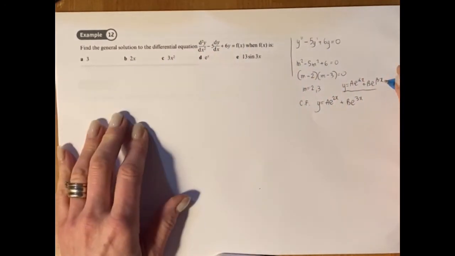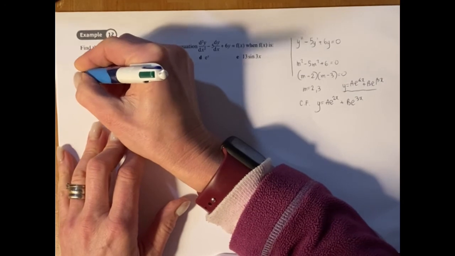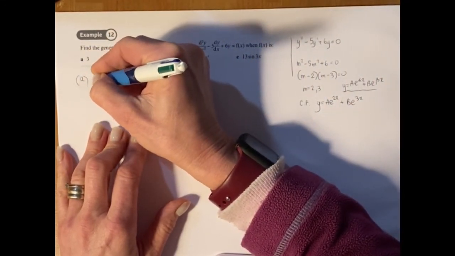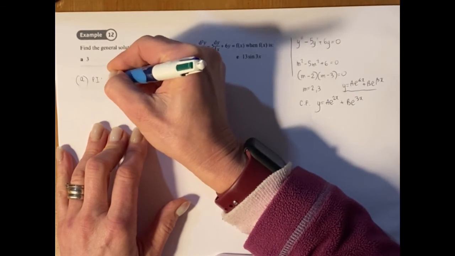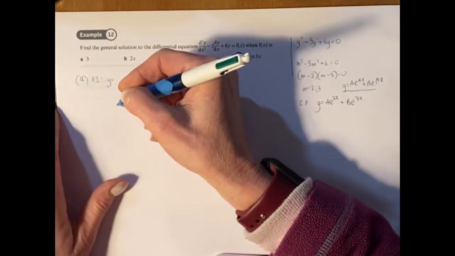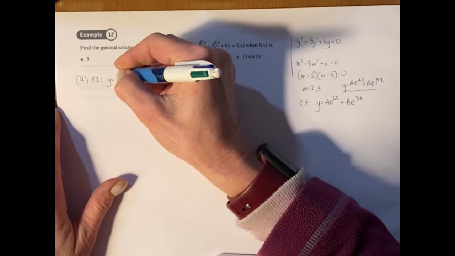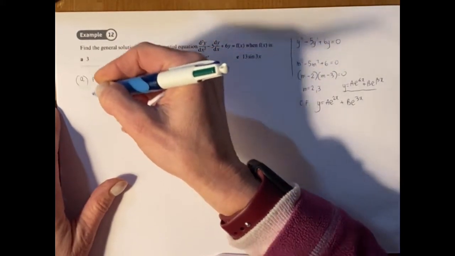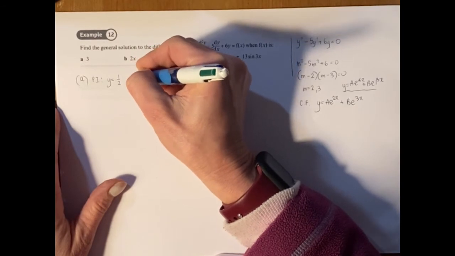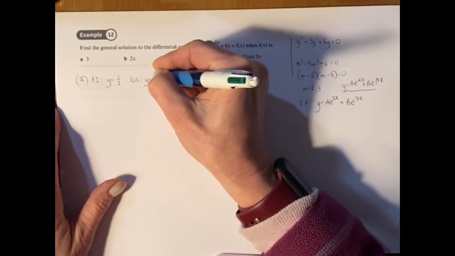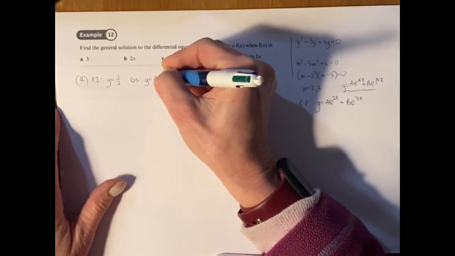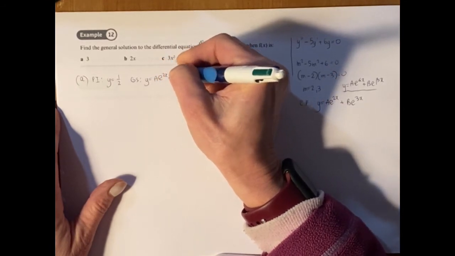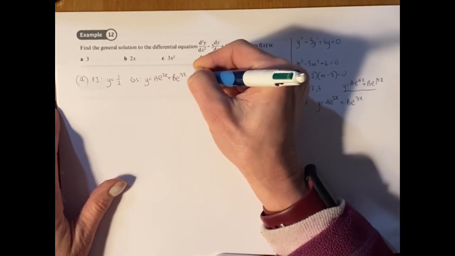So now we just need to look up from example 11 what the particular integral was for that example. We had y equals a half, k was a half. So then the general solution for part a is going to be y equals a e to the power of 2x plus b e to the power of 3x, that's your complementary function, plus a half.